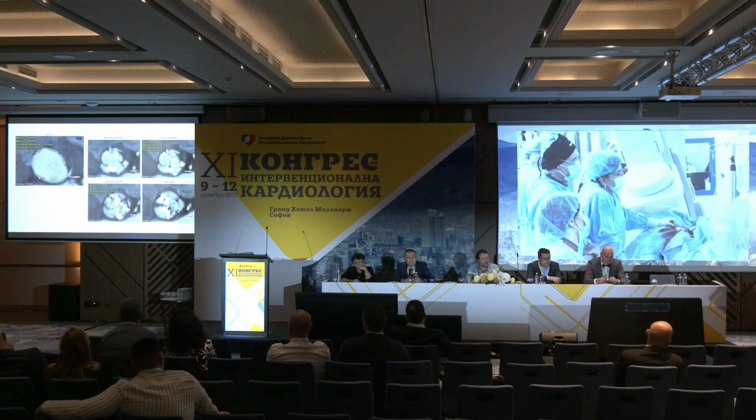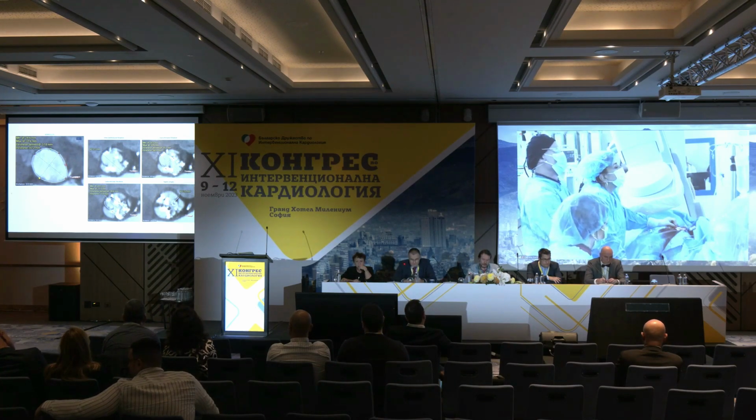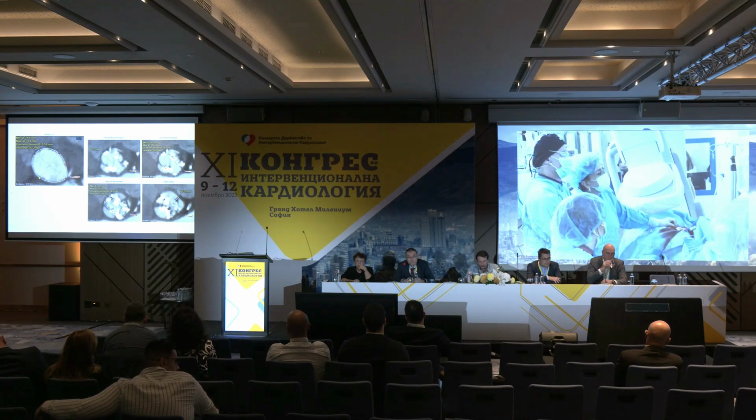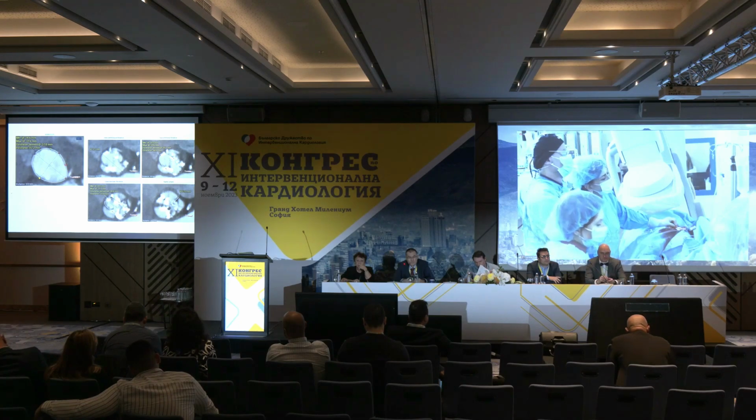We measure it 4 millimeters above the annulus, 5 and 8 millimeters. So we may create a better understanding of the anatomy of the bicuspid aortic valve, because it's a bit different compared to tricuspid aortic stenosis, because the most stenotic part is not the aortic annulus, but it's a bit higher.